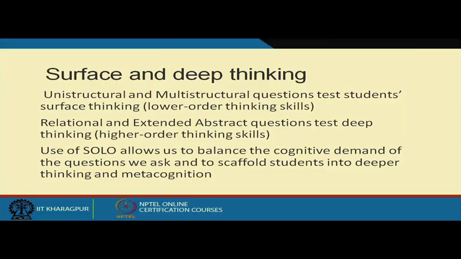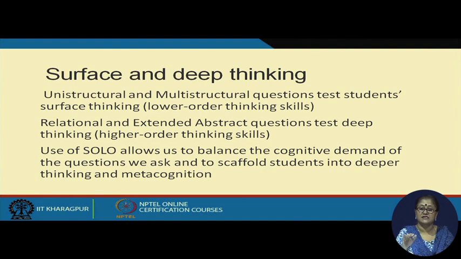So, unistructural and multistructural levels are lower order cognitive thinking skills, but relational and extended abstract are the higher order cognitive skills. So, what is the beauty of the SOLO taxonomy? The SOLO taxonomy helps the teachers, the faculty members, to develop questions which can cater to the different levels, right.